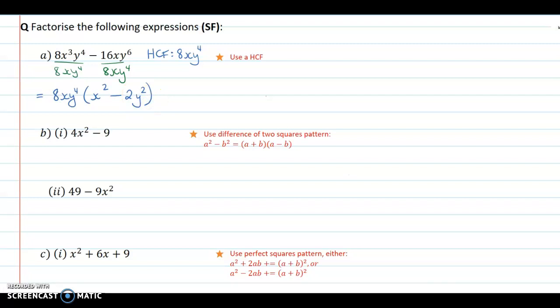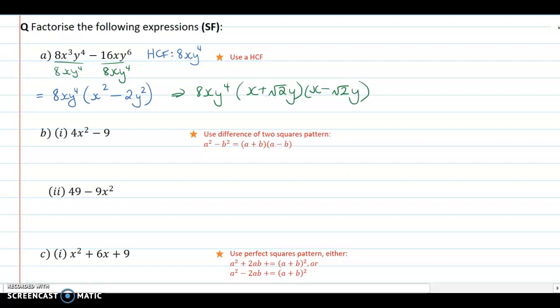And in a second video, we're going to look at how that can be further factorized as an extension to x plus square root 2y, x minus square root 2y, incorporating the difference of two squares pattern.